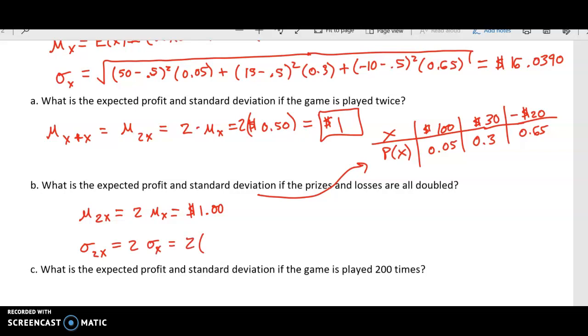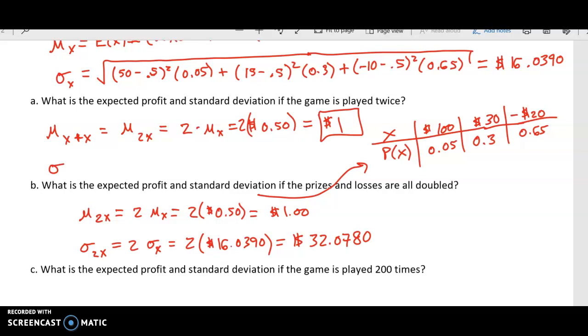Let's do this just to be a little more clear. And this was 16.0390. So this is 32.0780. No, we didn't do the standard deviation up here. Let's do that too.